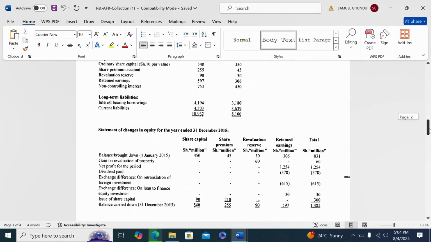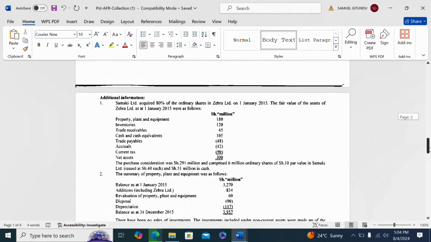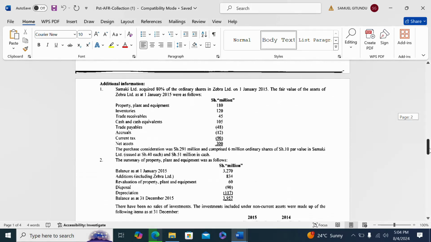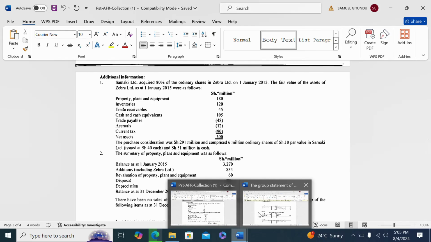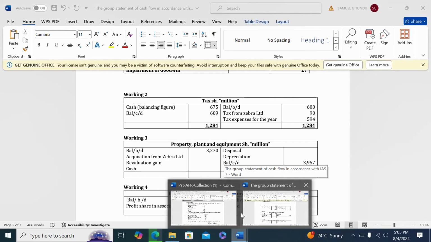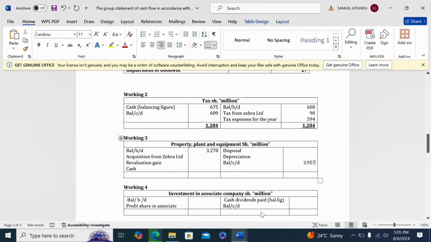Acquisition from Zebra, we have been given an analysis of property, plant, and equipment. Property, plant, and equipment acquired from Zebra is 180 million. So we add 180 million here. Acquisition from Zebra is 180.